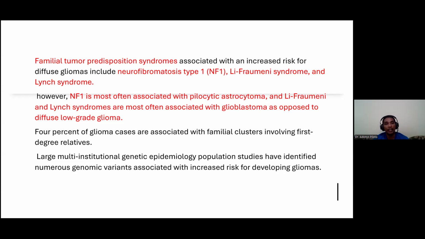However, neurofibromatosis 1 is most often associated with pilocytic astrocytoma, and Li-Fraumeni and Lynch syndrome are most often associated with glioblastoma, as opposed to diffuse low-grade glioma. 4% of glioma cases are associated with familial clusters involving a first-degree relative, and a large multi-institutional genetic epidemiology population study has identified numerous genomic variants associated with increased risk of developing glioma.